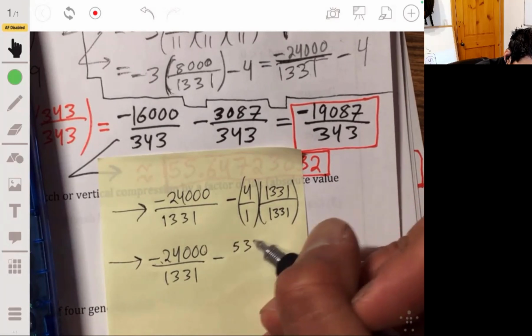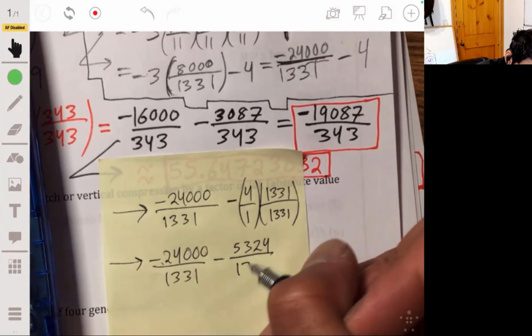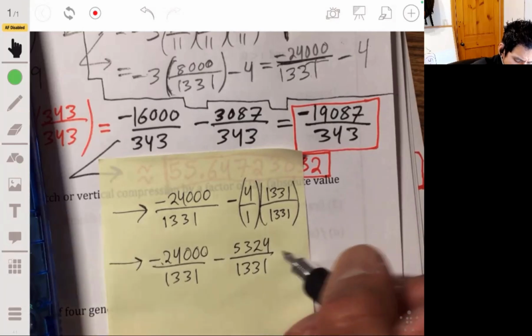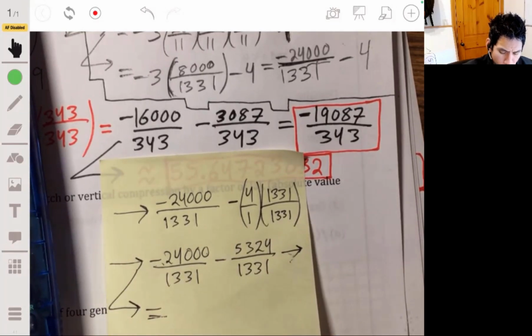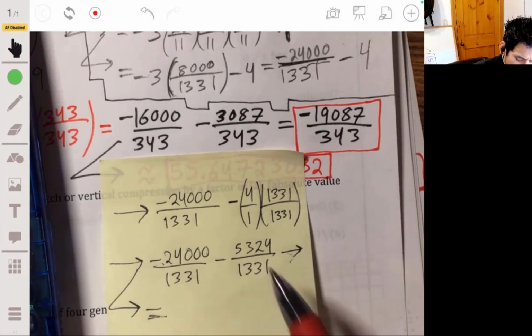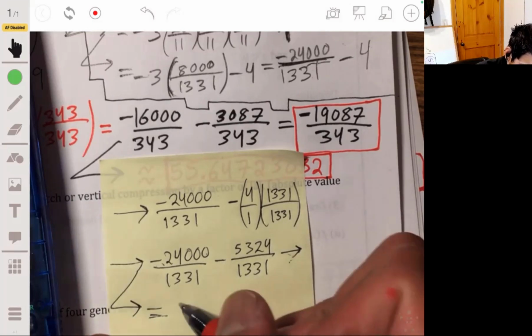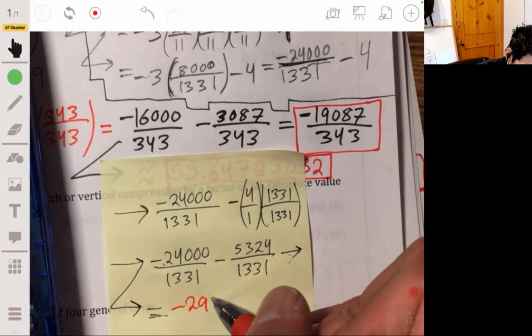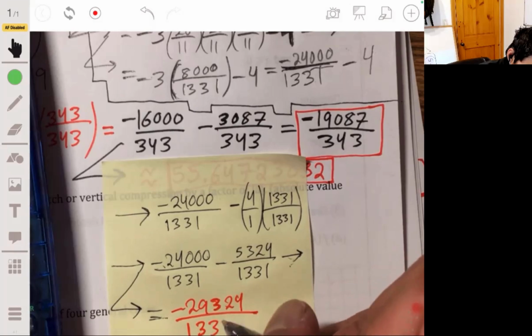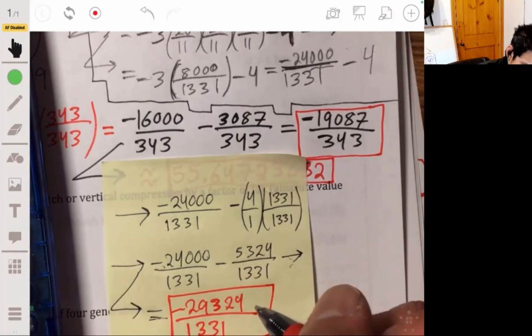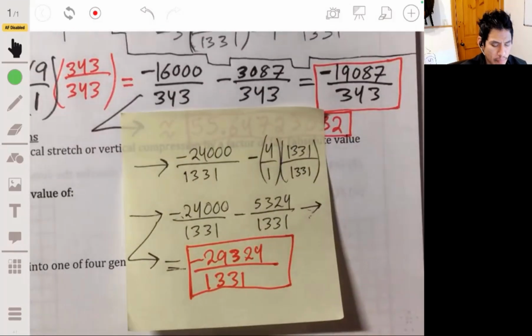Minus 5324 over 1331. Which gives us negative 29,324 over 1331. Nice. It's awesome.